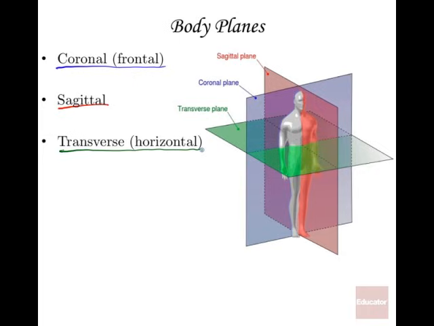You would take a transverse or horizontal section straight through the abdomen like this. If we did it with the heart, you'd be able to look down inside of the ventricles, the lower chambers or inferior chambers, and the atria, which are superior to that. So these body planes, very important for cutting through organs or getting a good view of the insides of your body.